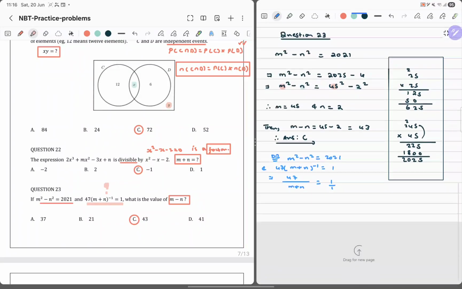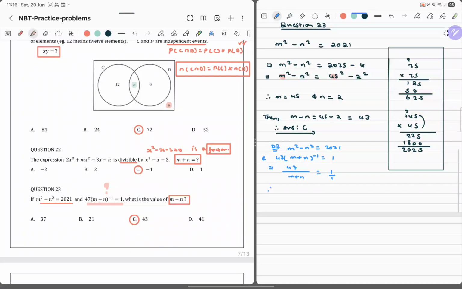So this is over 1. If we cross multiply, we will see that m plus n is going to be equal to 47. Right. Cool.